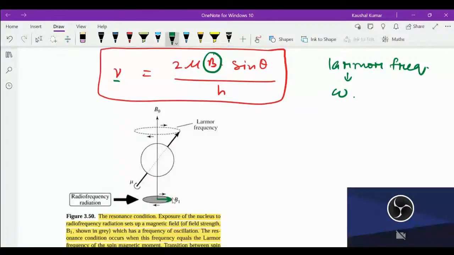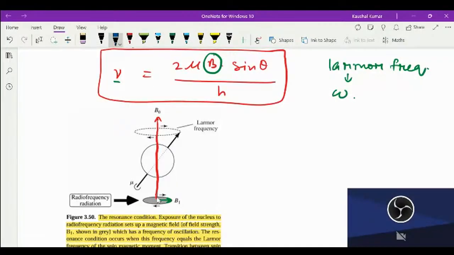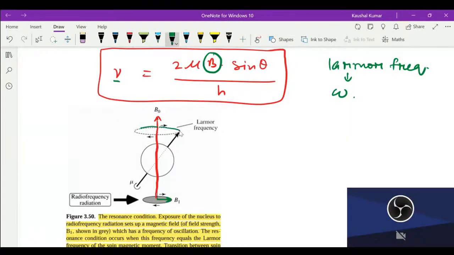The magnetic field is going up, and the green line you are seeing here moves around a different axis. So this is a spin on its axis, and the angle between this red axis and this green axis, that frequency which is required to rotate around this green axis is called the Larmor frequency, and it is denoted by omega.